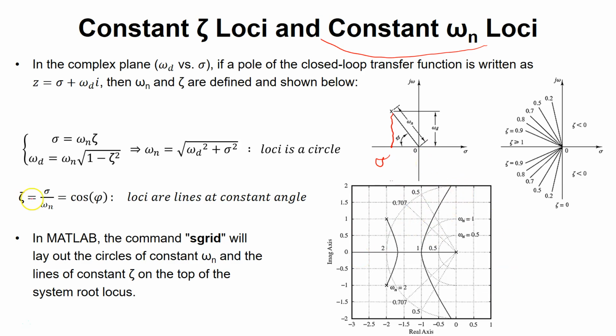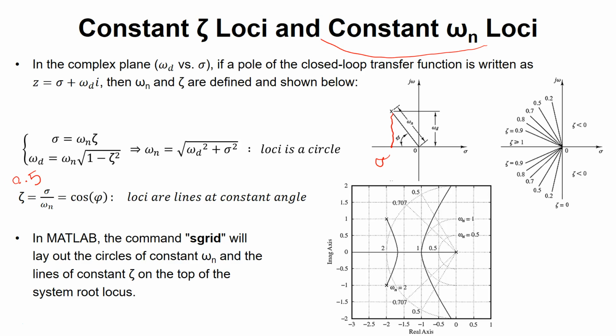And what about zeta? When zeta is constant, it means cosine of phi is constant. And cosine of phi constant means phi is constant. And what does it mean, phi constant? When phi is this angle and phi is constant, it means a line with what? With a constant slope, right? For example, if zeta, let's say, is equal to 0.5, what is the locus of zeta equal 0.5?